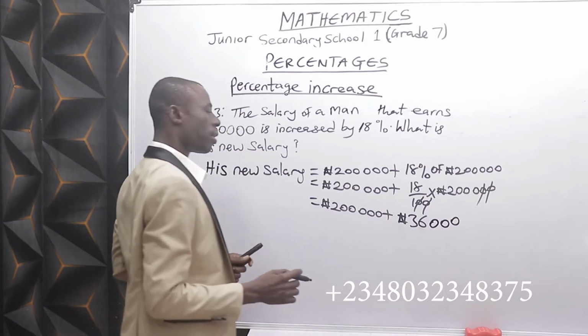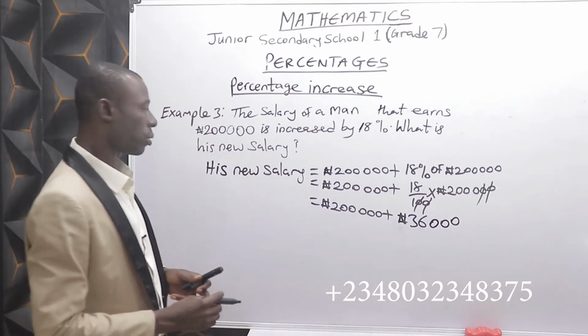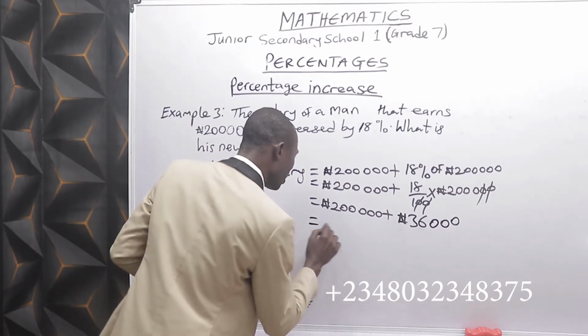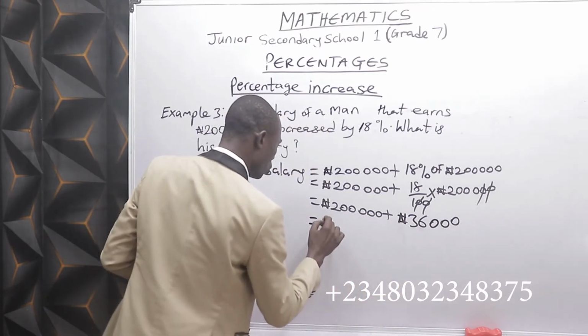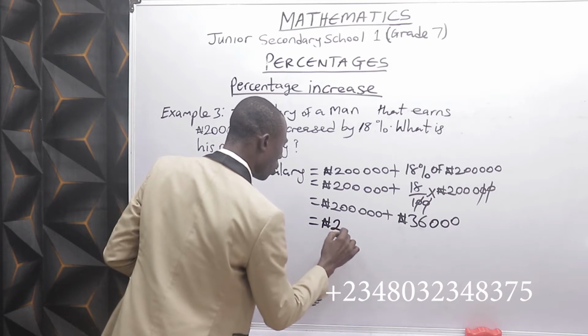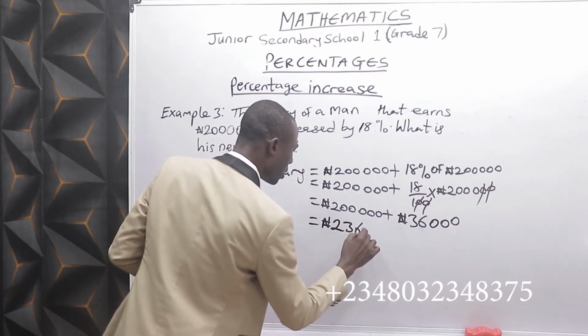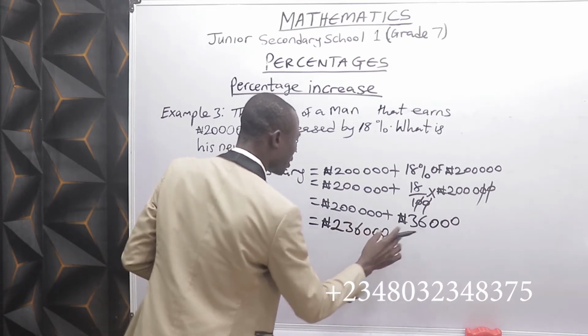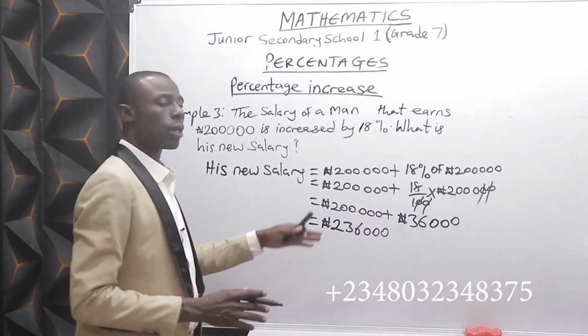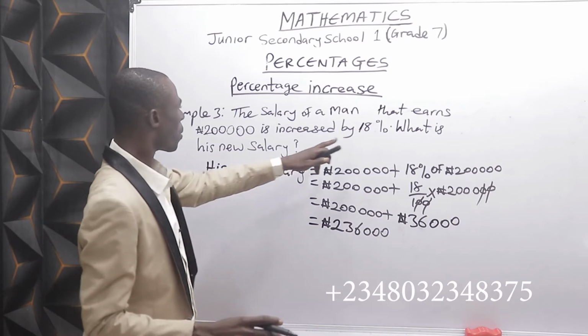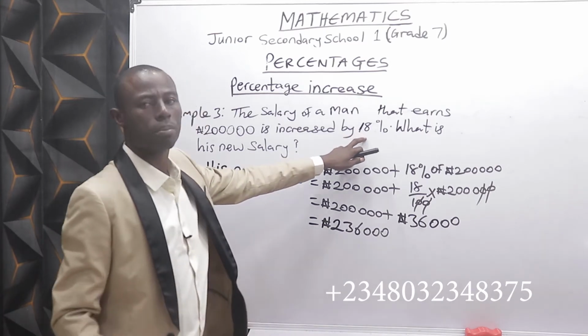So that gives 36,000. So add 36,000 to 200,000. You have 236,000 naira. And that is what the new salary will be, having been increased by 18%.